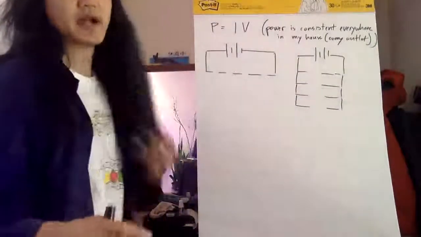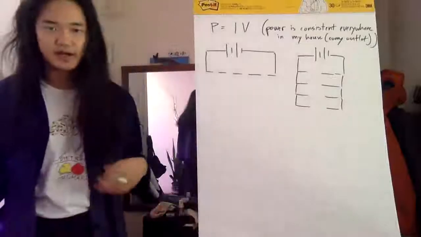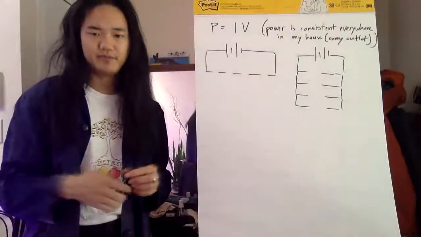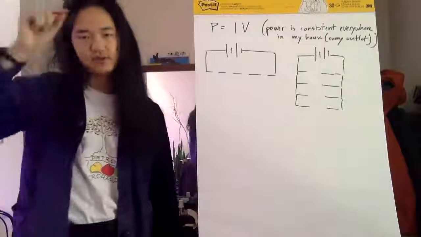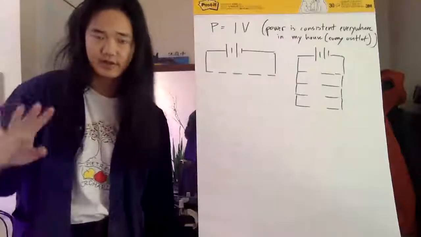Every outlet in my house, the bulb is going to be the same brightness, assuming I don't have one of those dimmer switches. We're not going to talk about how this works.